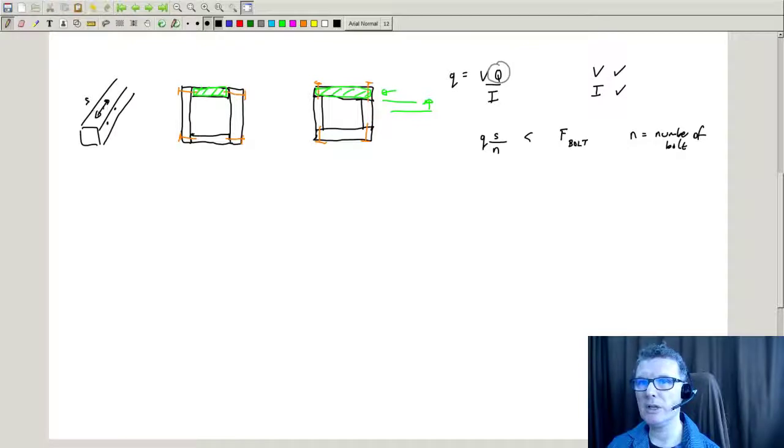The spacing there is the little q, the spacing, and the number of bolts that's involved in my identified section that's being sheared, which is going to be 2, is going to be less than some defined force. Okay. Similar thing here. We're shearing through 2 bolts. With our I problem, obviously we were just shearing through 1 bolt, so n would be 1 there. So that's a point to mention about the number of bolts.